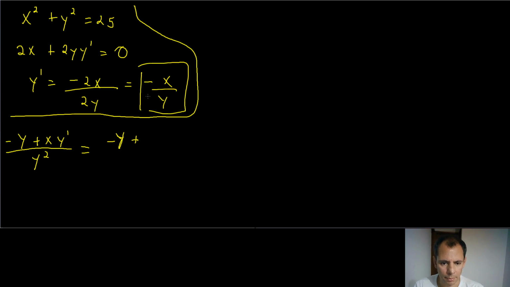Actually it's going to be a minus, because you got plus x times minus x. So this is going to be minus x squared divided by y, and the whole thing divided by y cubed, not y squared.